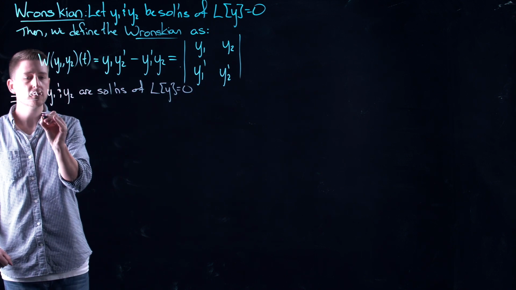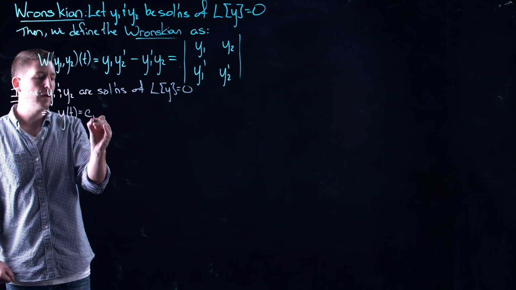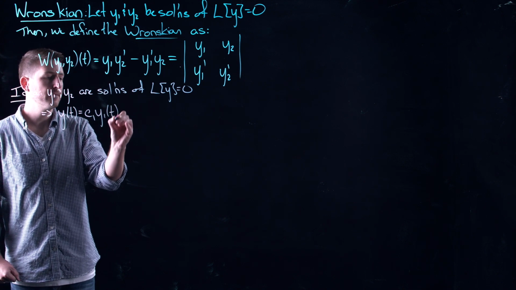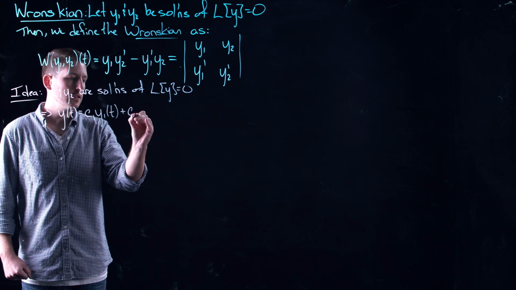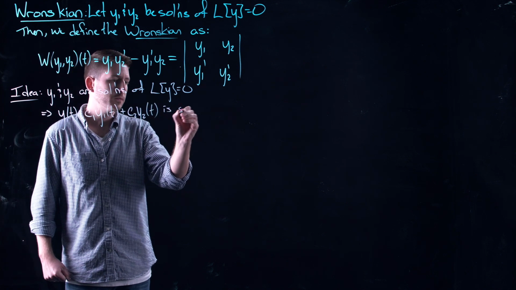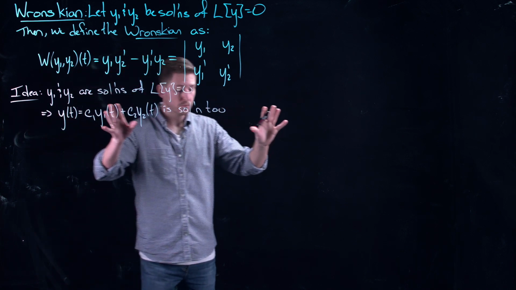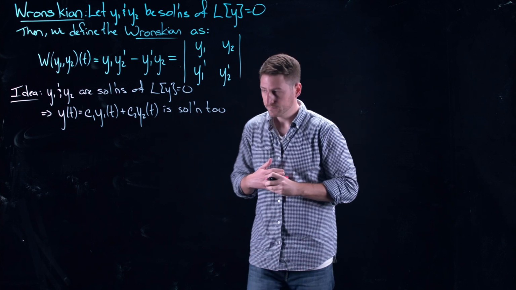Well, then the principle of superposition tells us that any linear combination of them, C1 y1 of t plus C2 y2 of t, is a solution too.